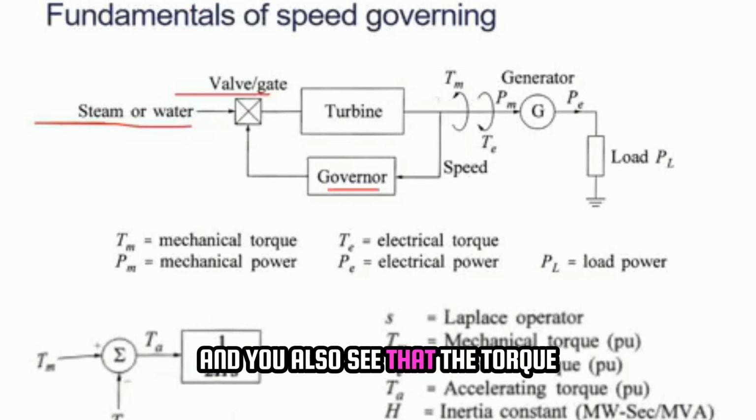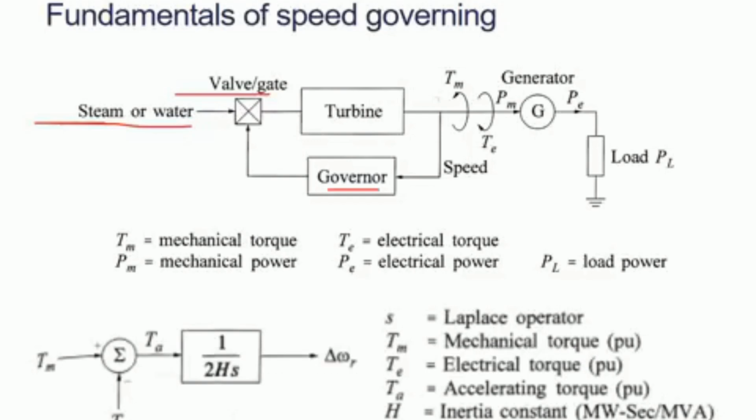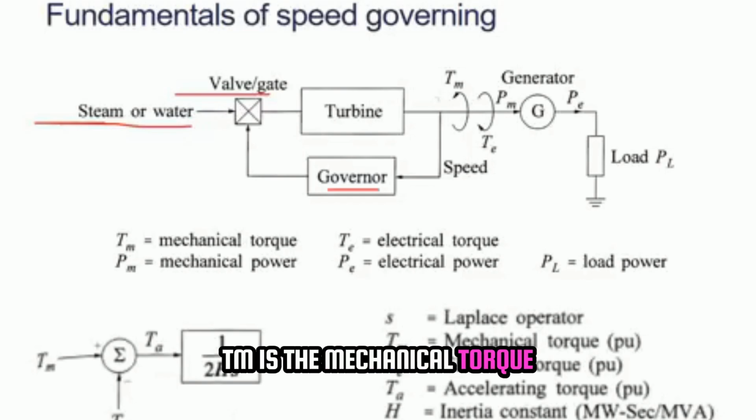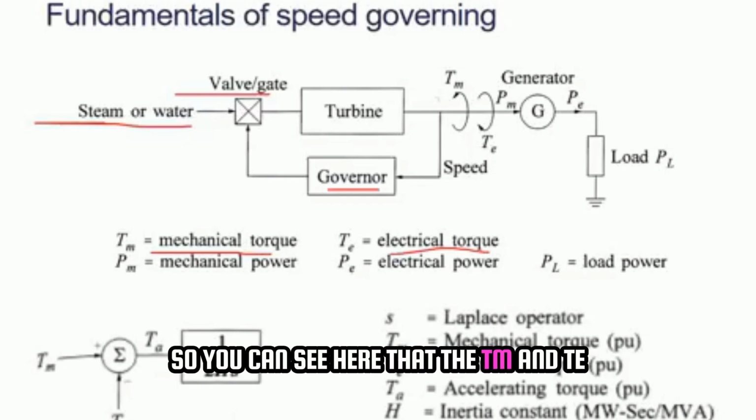And you also see that TM is the mechanical torque and TE is the electrical torque. You can see here that TM and TE are in opposite directions.